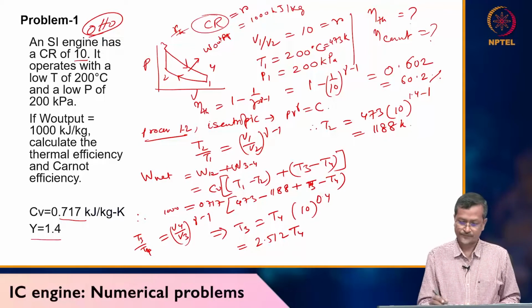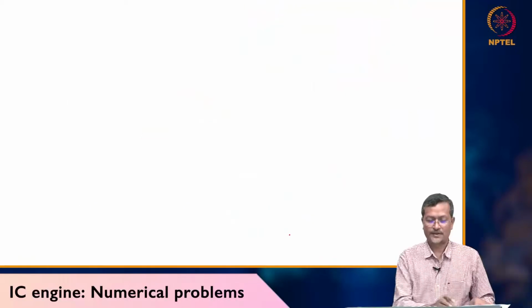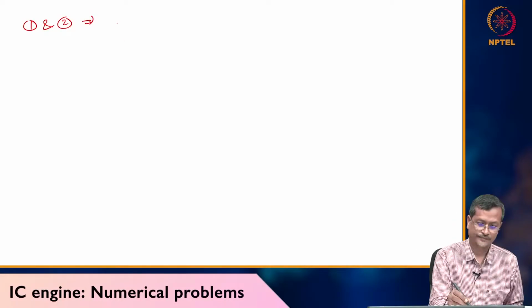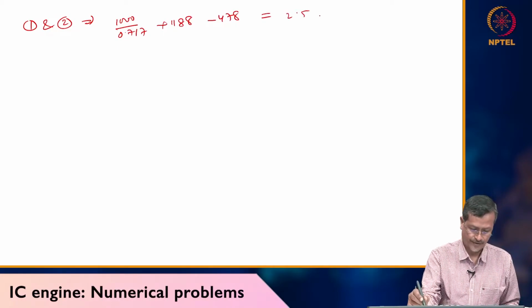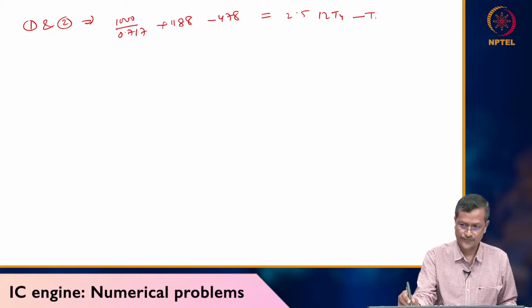Now if I put numbering, equations 1 and 2 give 1000 divided by 0.717 plus 1188 minus 473 equals 2.512 T4 minus T4.